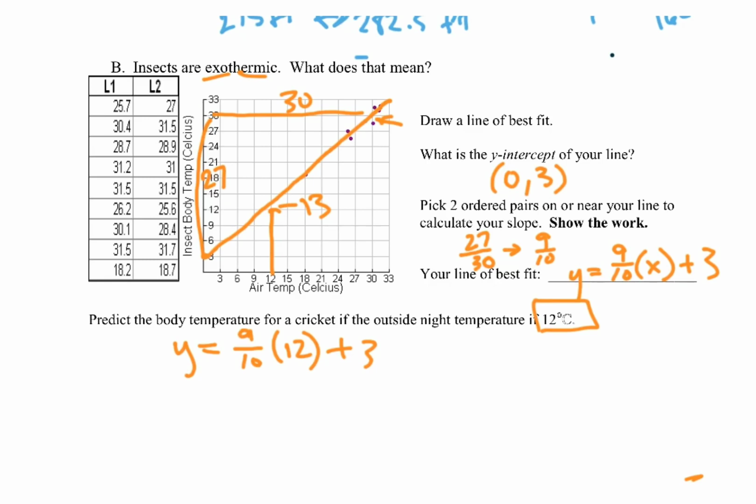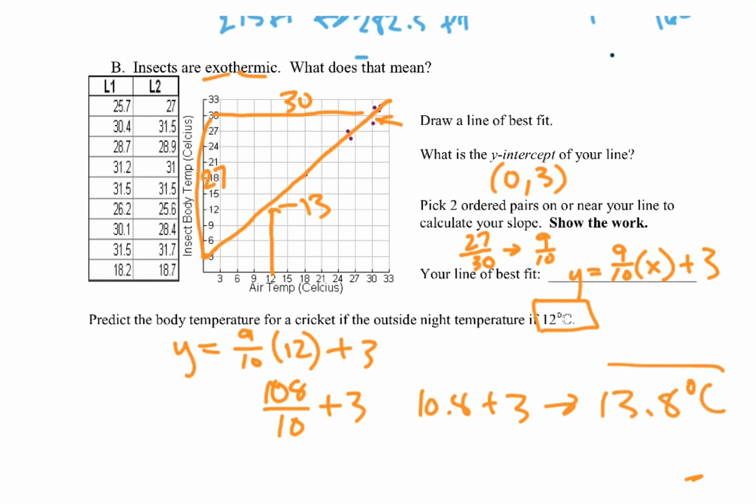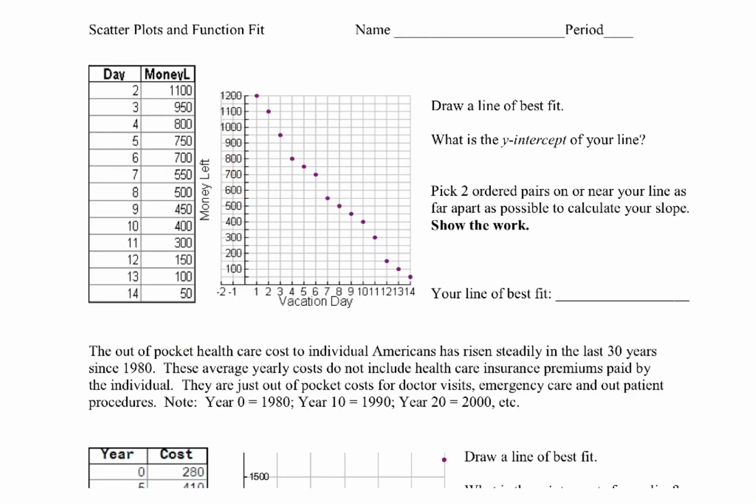And then 9 times 12 is 108, divided by 10 would be 10.8, plus 3 would give me 13.8 degrees Celsius for the body temperature, which was pretty close to what I'd estimate if I did the graph right there, right up here.